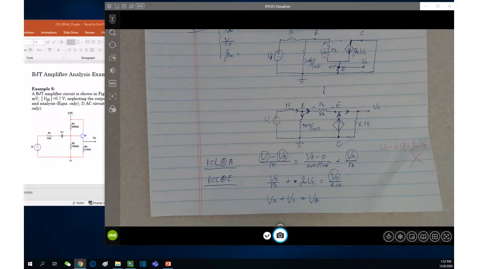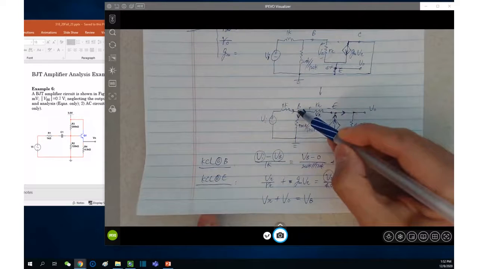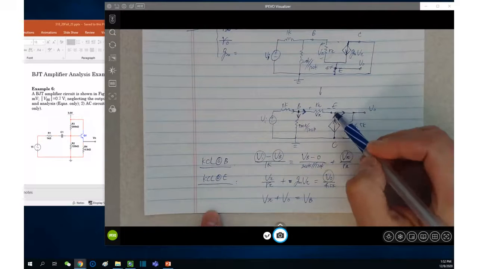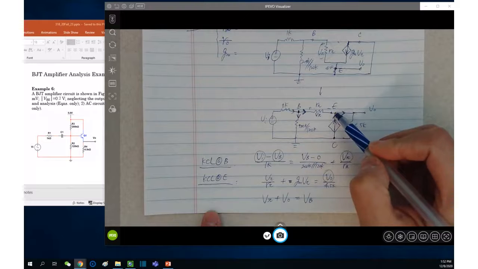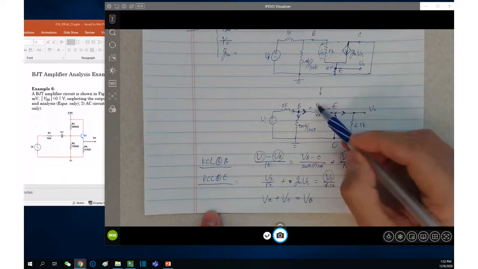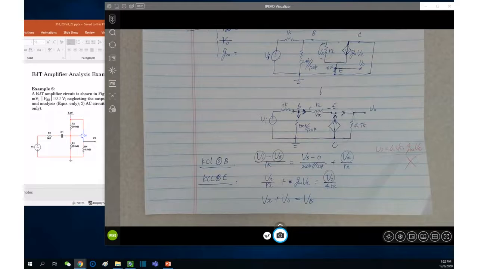How do we interpret this? There's more than one way to interpret it, but my way is: voltage at base minus voltage at emitter, which is V naught, equals the voltage potential between these two, VBE, which is V pi. VB minus V naught equals V pi. Or you can explain this another way: KVL.